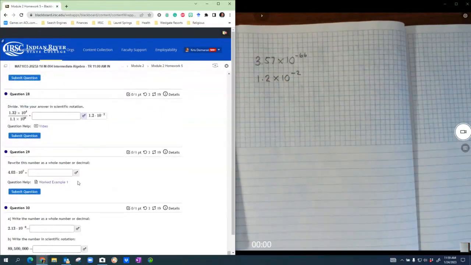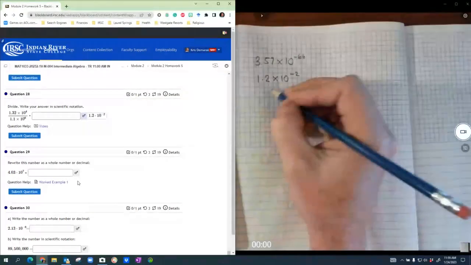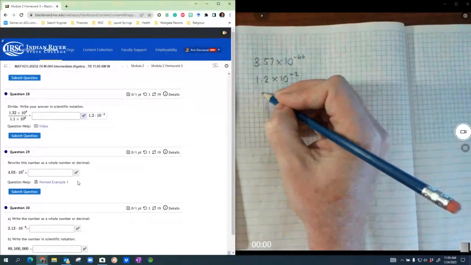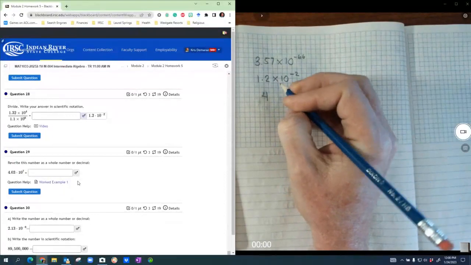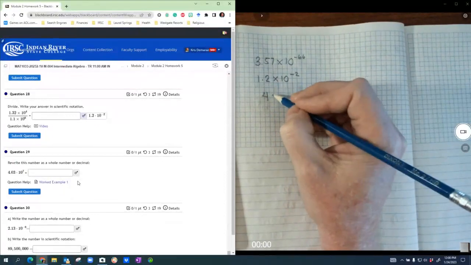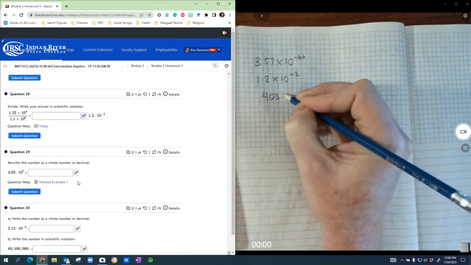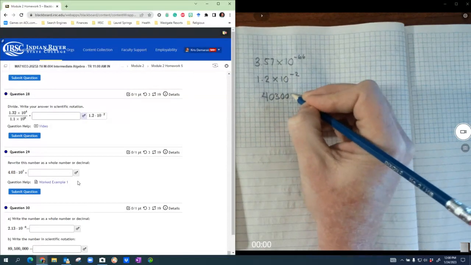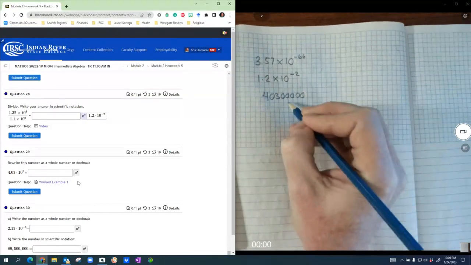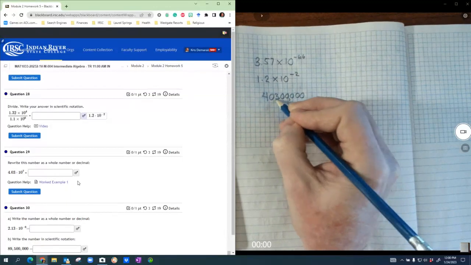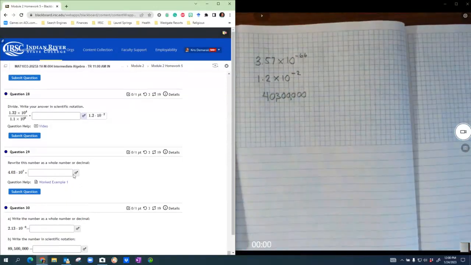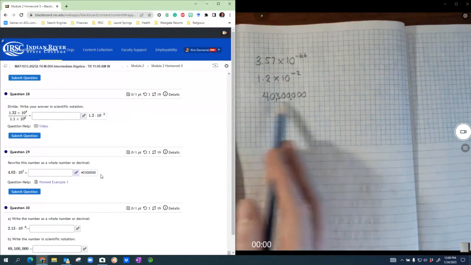And then it says rewrite the number as a whole number or decimal. So what we're doing is moving the decimal point over. So it's going to be moved over 7 times to the right. These are pretty easy. All right, so we're moving it.